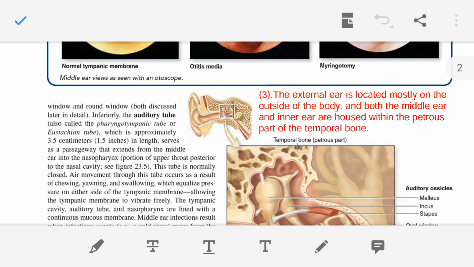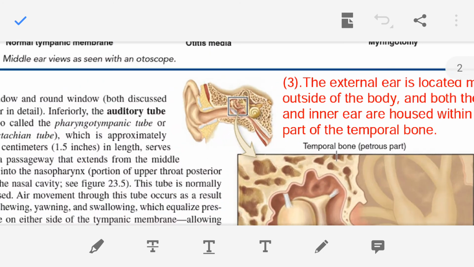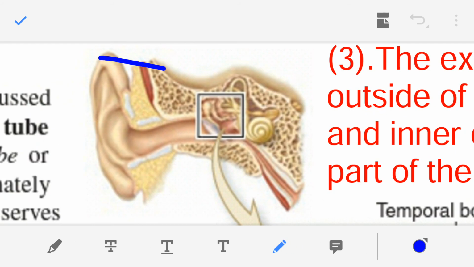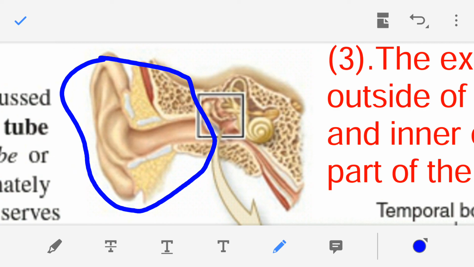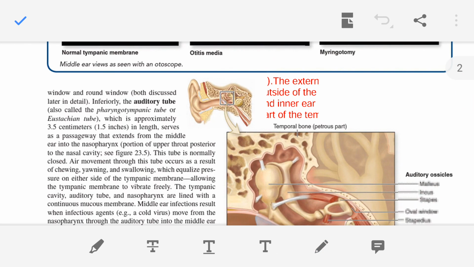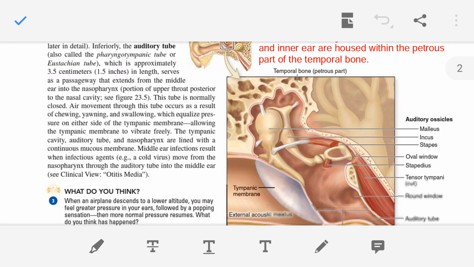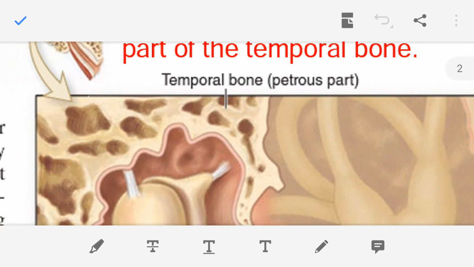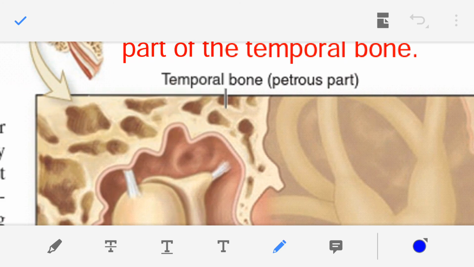In the figure I am showing you, for example, this portion is the outer ear, and this portion is present outside our body, while the middle and inner ear portions are present in the petrous part of the temporal bone.